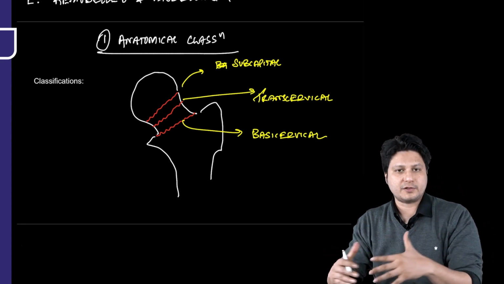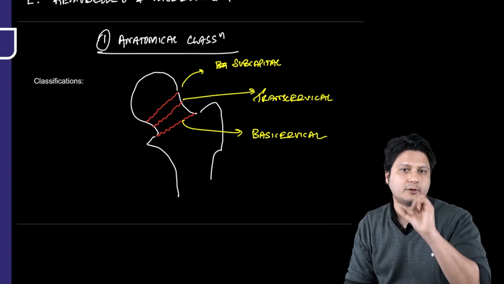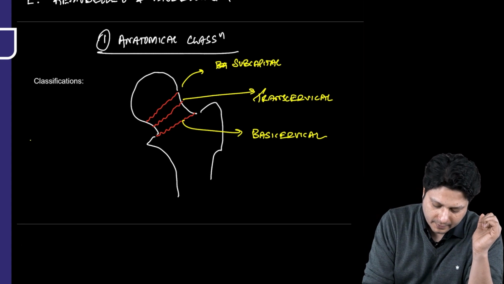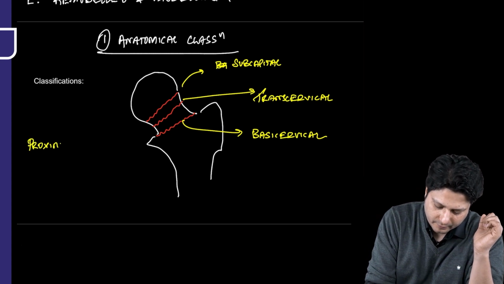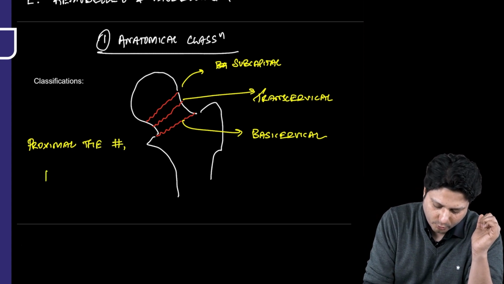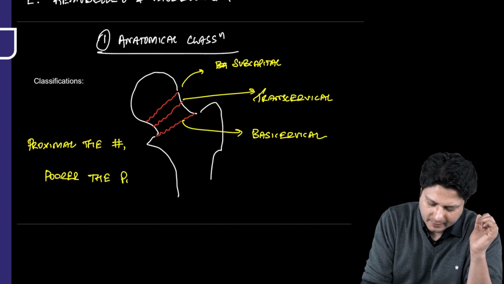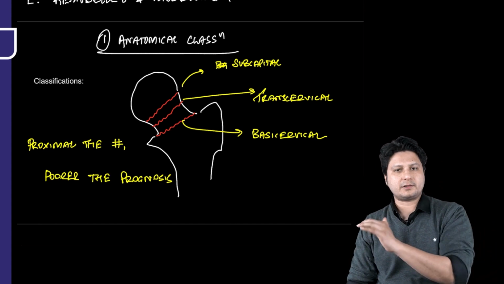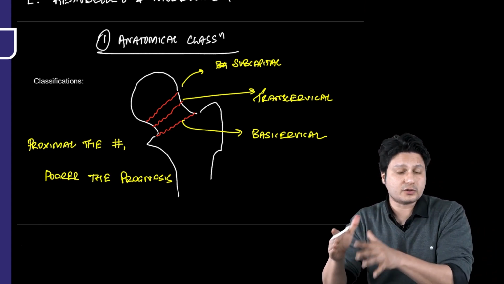So these are the three types of the fractured neck of femur. Now, what is the significance? What is the outcome? What is the prognosis related to these fractures? The significance is that the more proximal the fracture, the poorer the prognosis. That means out of the three fracture lines, subcapital, basicervical, transcervical, which one will be having the highest chances of non-union?